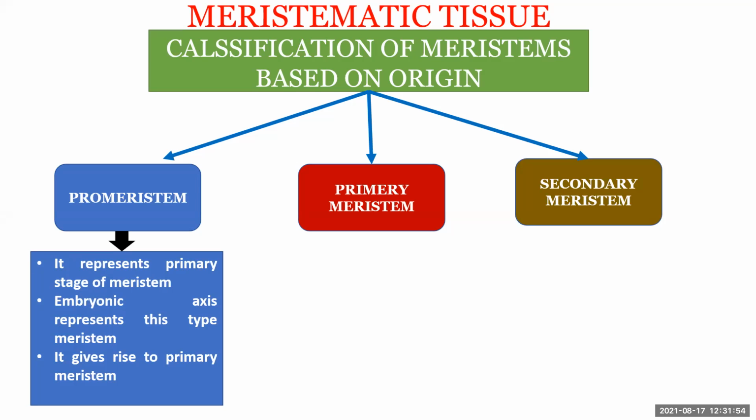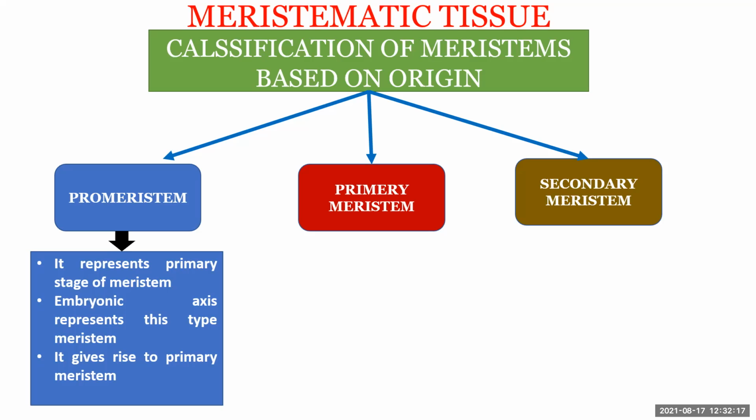If you observe the embryo or embryonic axis, it has epicotyl, cotyledons, hypocotyl, and radicle. These are the parts of the embryonic axis.